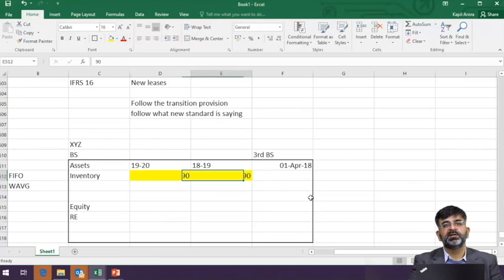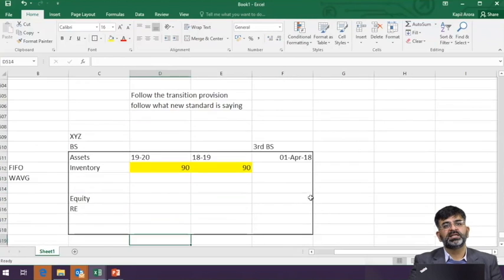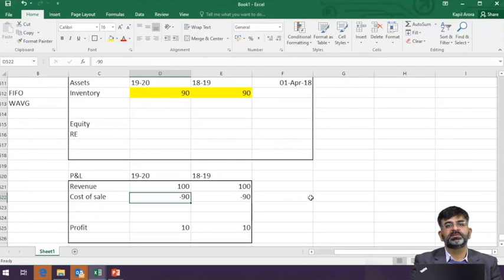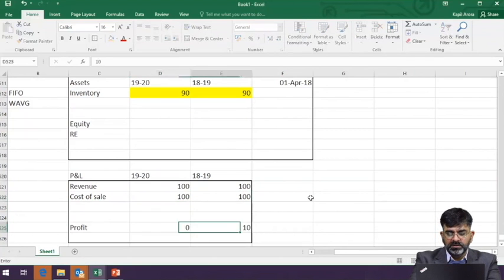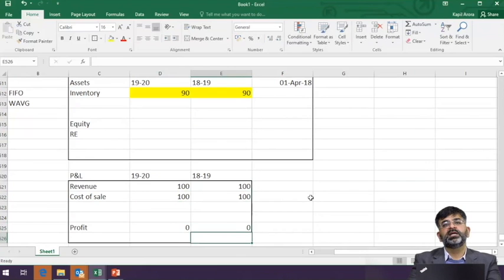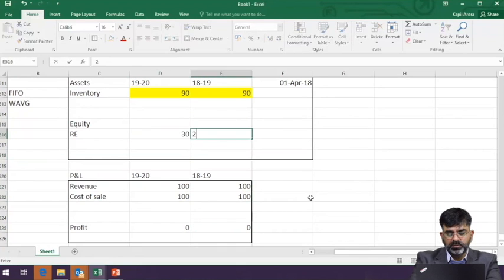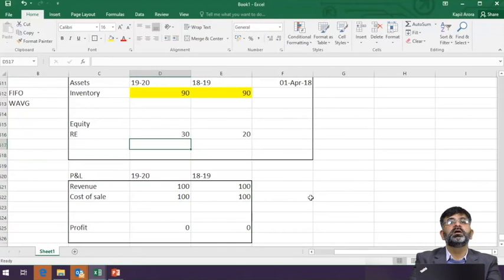But because of this, what will happen? If my closing inventory comes to 90, my cost of sale would increase by 10. It means the profit figure which was 10 here will become 0. So my retained earnings, which let's assume was 30 here, 20 here, would be reduced by 10.